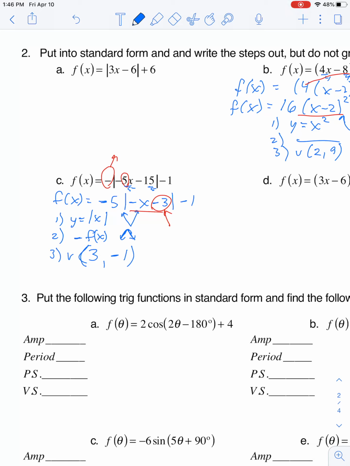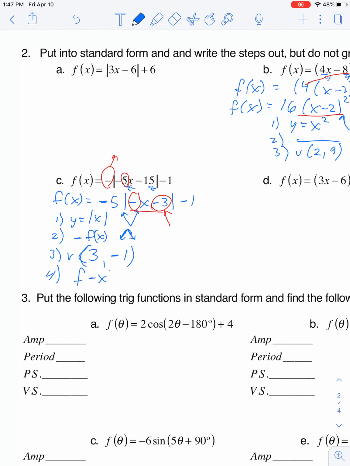The negative 1 comes from the other part over there. The last part would be noticing that we do have that negative in front of the 5 there. That's associated with the x. Actually, it's probably better to see it on that spot right there, which means we are going to be reflecting in the x-axis. And again, on that front side, I have the steps there if you want to refer back to that.